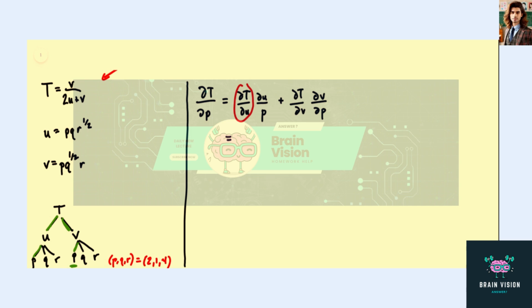The quotient rule says, you get low, so 2u plus v, times the derivative of the numerator, well, the derivative of v with respect to u is 0, minus the numerator, which is v, times the derivative of the denominator, well, the derivative of 2u with respect to u is just 2. And then all over the denominator squared.